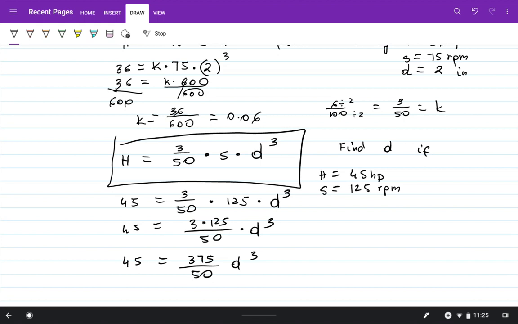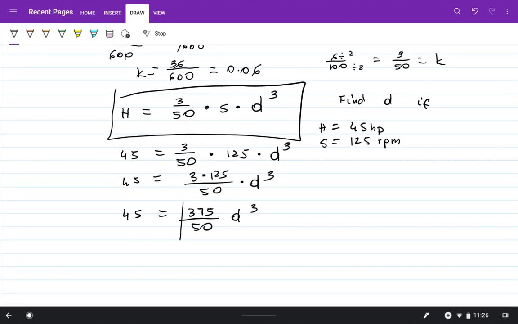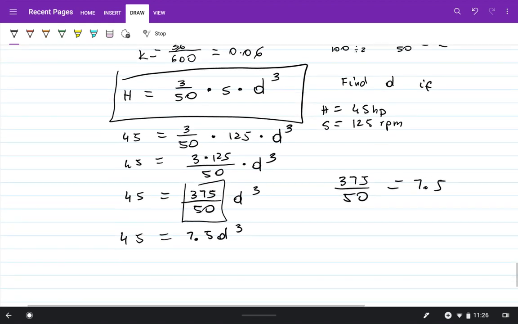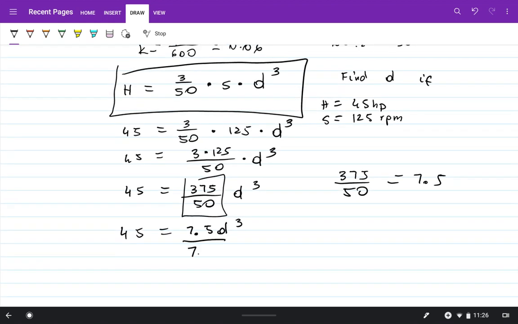Okay, so I will just change that to decimal. 375 over 50, let's change that. This is the same as 7.5. So 45 equals 7.5 D to the third power. You need to solve for D, so divide both sides by 7.5.